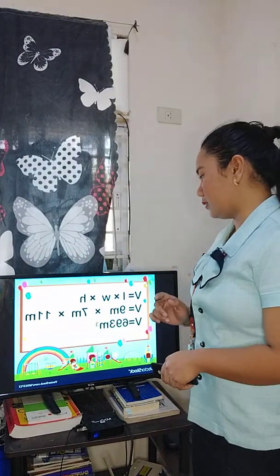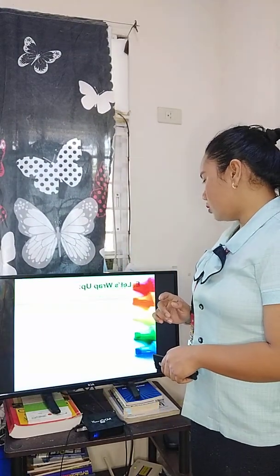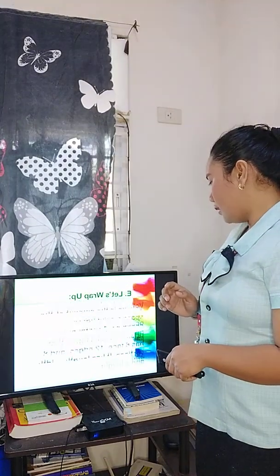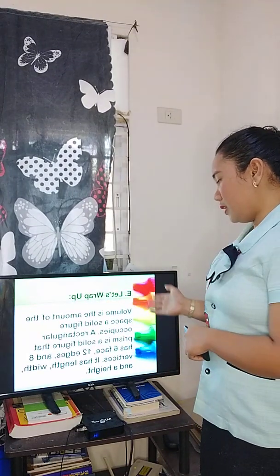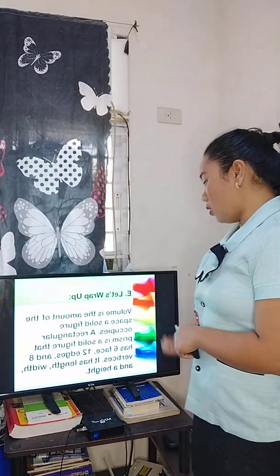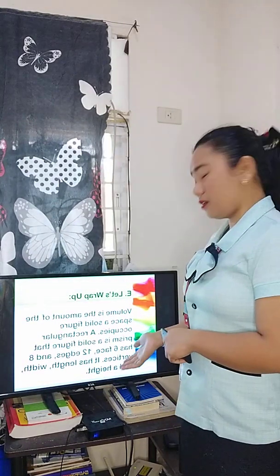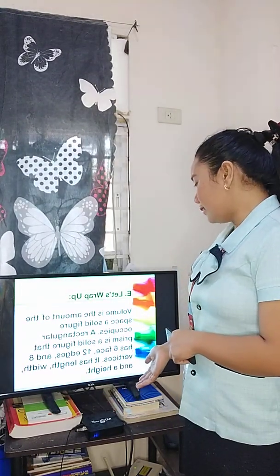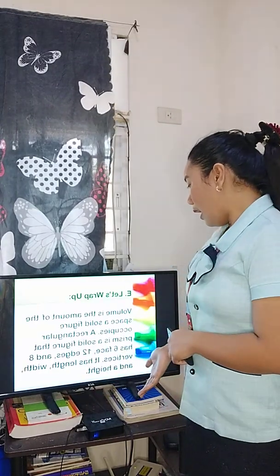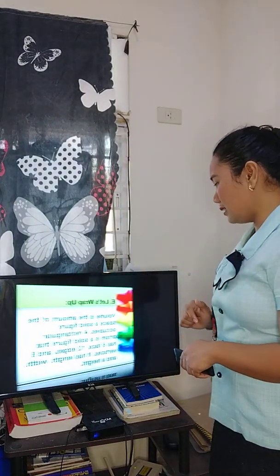Volume equals 693 cubic meters. So, let's wrap up. Volume is the amount of space a solid figure occupies. A rectangular prism is a solid figure that has 6 faces, 12 edges, and 8 vertices, and it has length, width, and height.